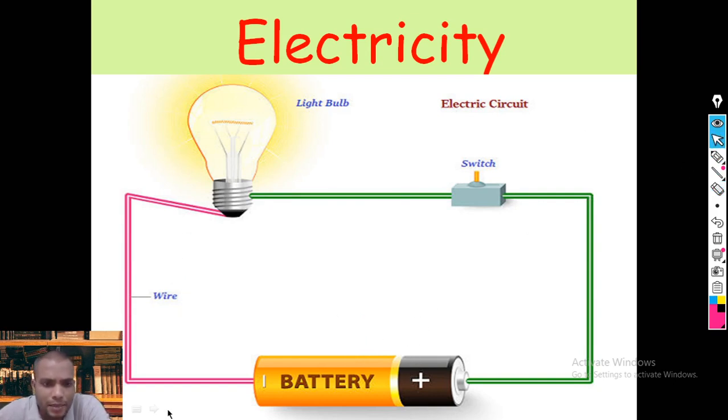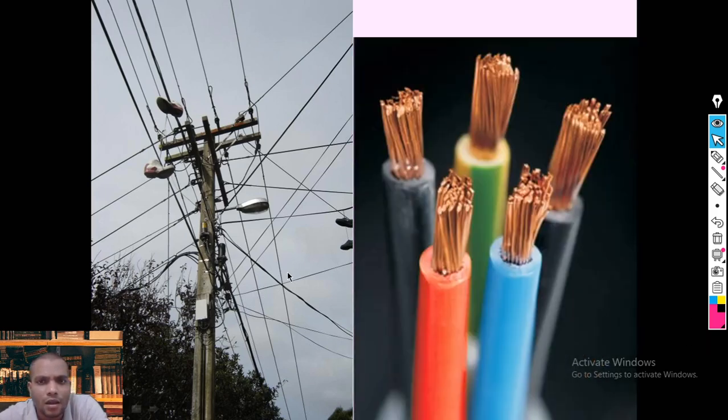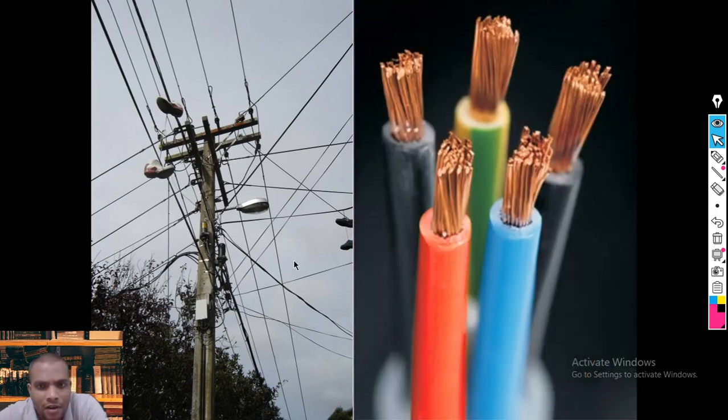Now whenever we think about electricity, first what we saw outside is a bunch of wires connected from a far away distance. Through these wires we are able to get electricity to our house, and inside our house we are connected with these wires.